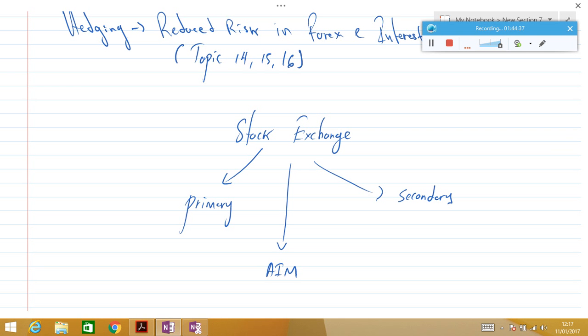If you are okay with the rules and regulations, and you think your company is stable enough, then you can move on to primary. Then if you think primary was okay, you can move on to secondary. It is very easy to be listed in AIM because of less regulation. Same goes for primary. And if you don't want to be listed, you can withdraw easily from primary and AIM.